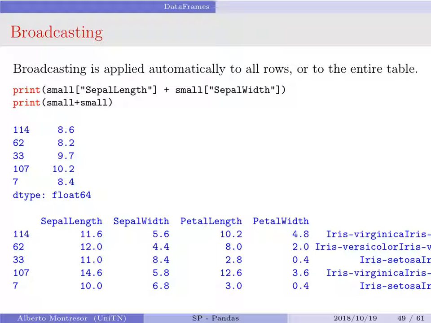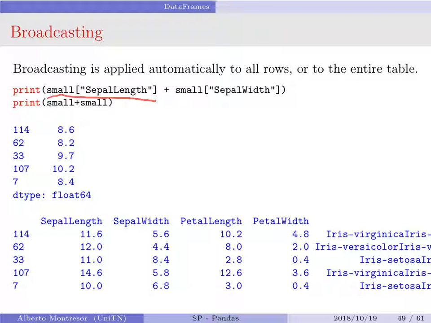Broadcasting, as we were saying before, is applied automatically to all rows or to the entire table. So for example, if I do something like this, small sepal length is the column containing all the values of the sepal length.